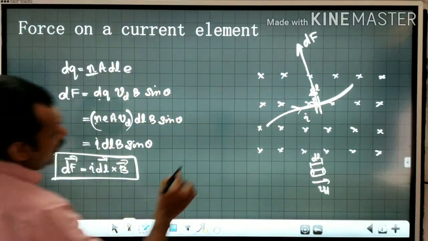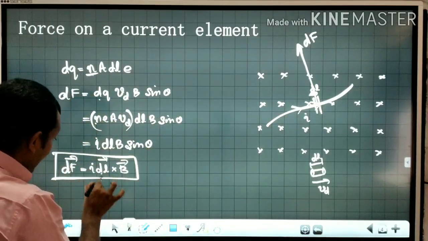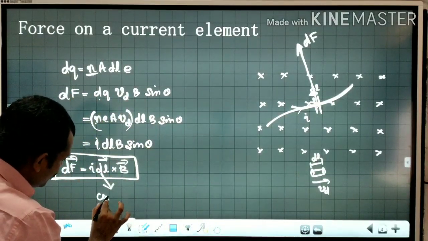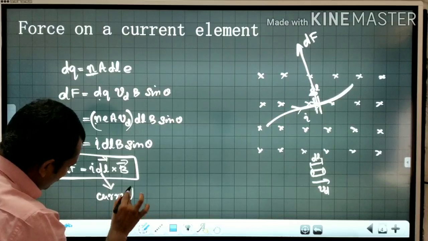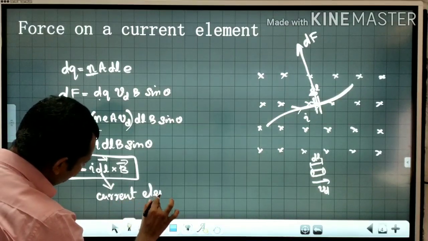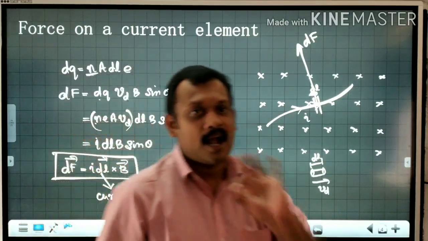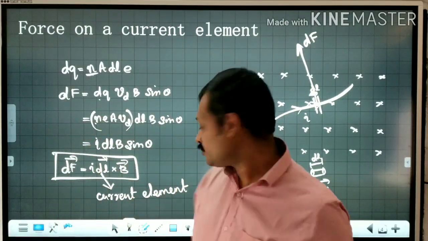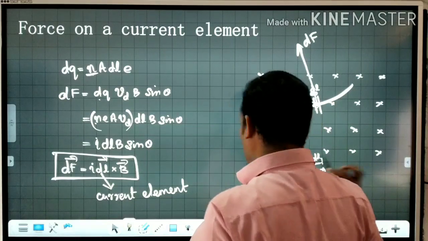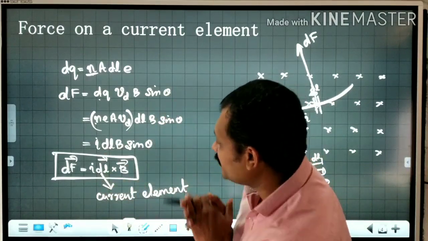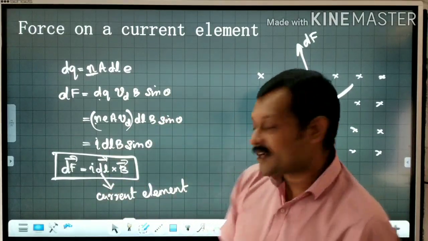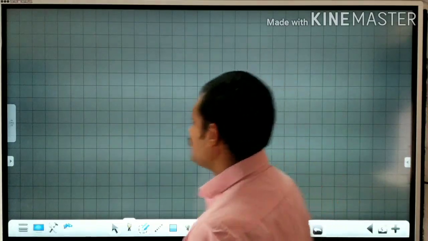Let us look at I dl. What is I dl? The term I dl is called the current element. Now we need to define what is called a current element. I hope that is clear to you. Now our discussion is about the current element.